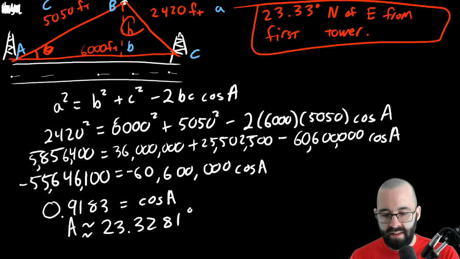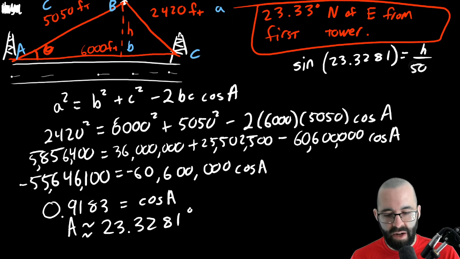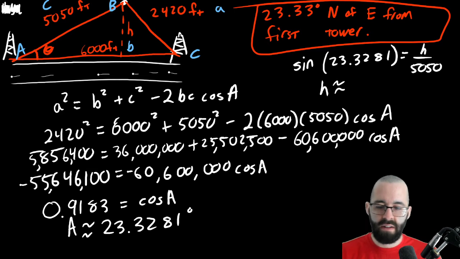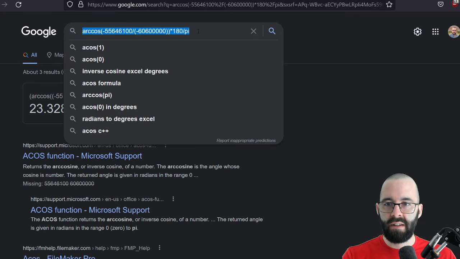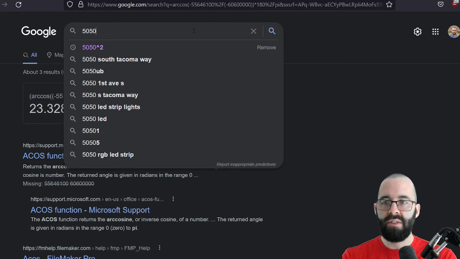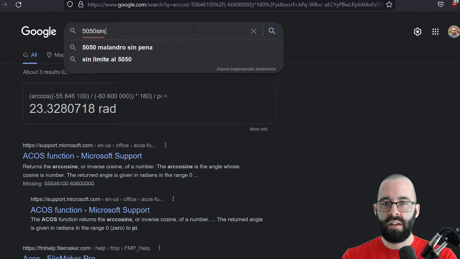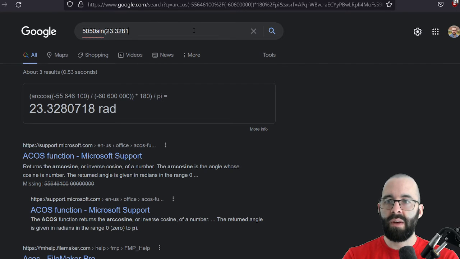The second thing, how far are they from the highway? If they walk straight south to the highway, how far would it be? That one's not too bad. Just say the sine of 23.3281 is equal to the opposite over the hypotenuse. Multiply both sides by 5050, and you'll get our answer. 5050 times the sine of 23.3281.